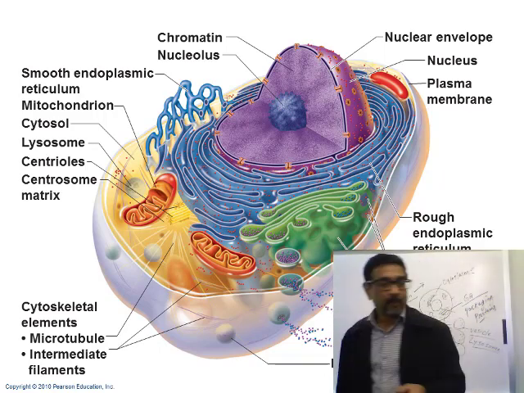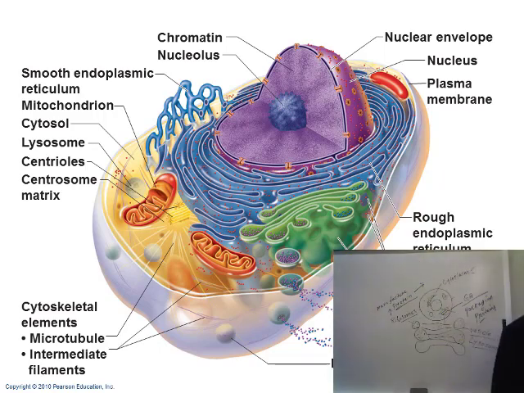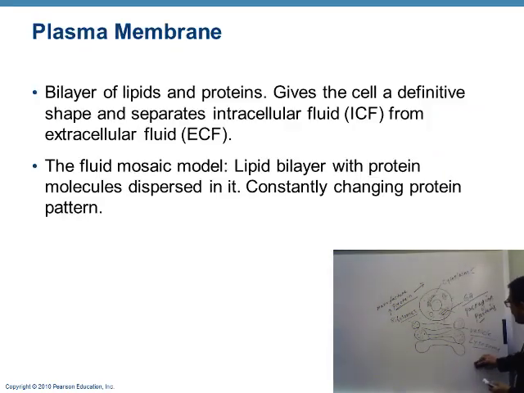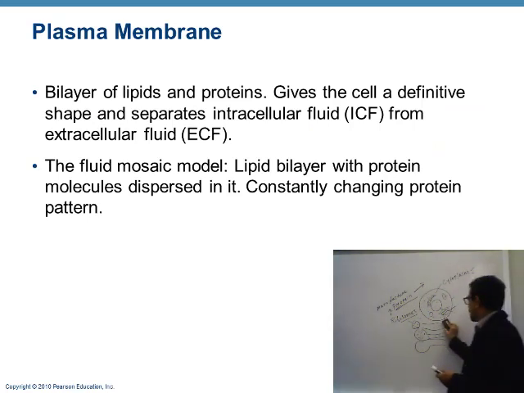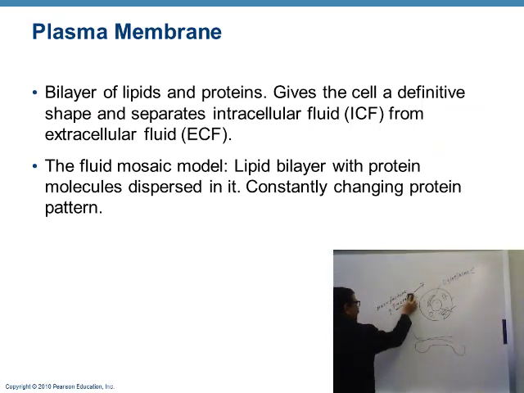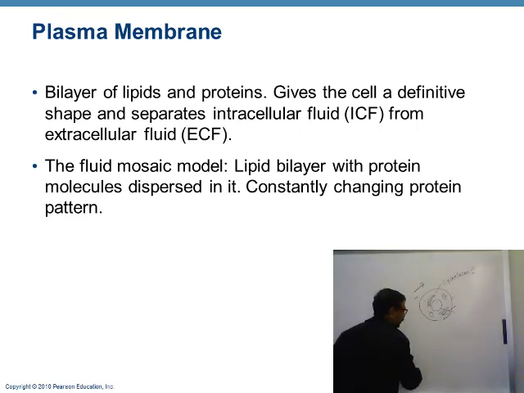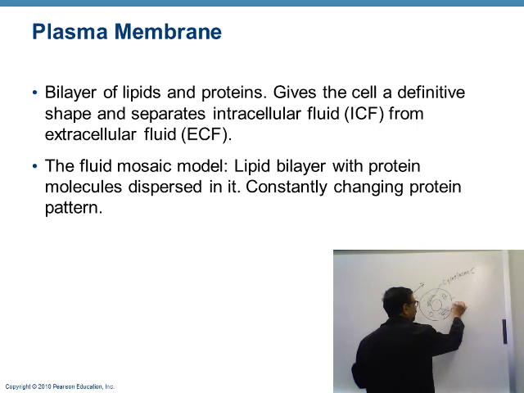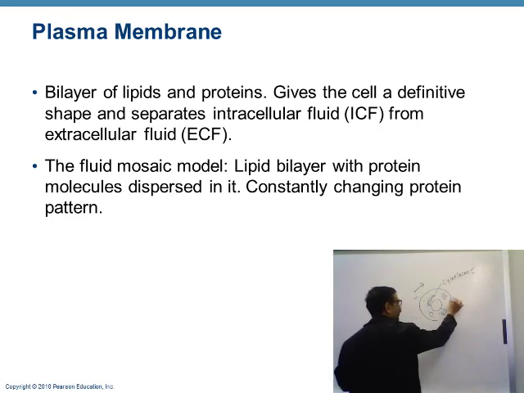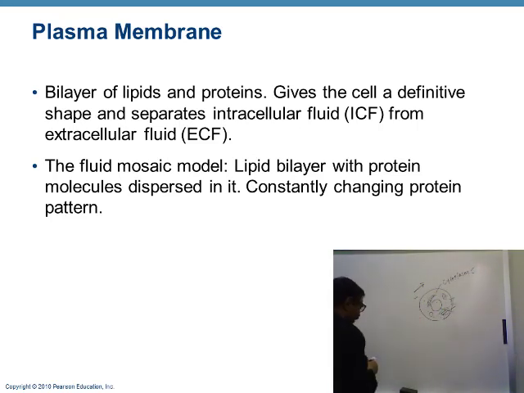So yeah, cell membrane or plasma membrane. If you see the structure of the cell membrane under the microscope, it is a phospholipid bilayer. So if I just touch a part of the cell membrane and see under the microscope how it looks like, it is a bilayer of phospholipid.